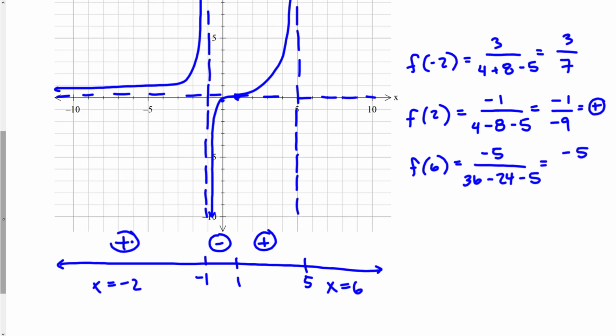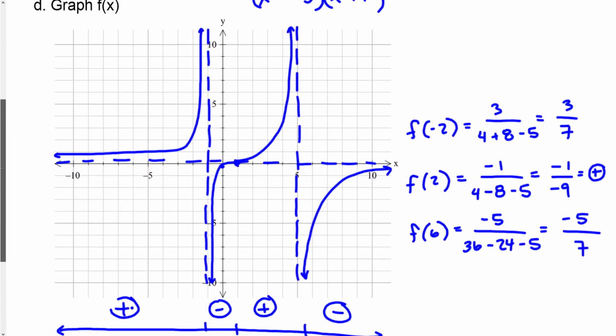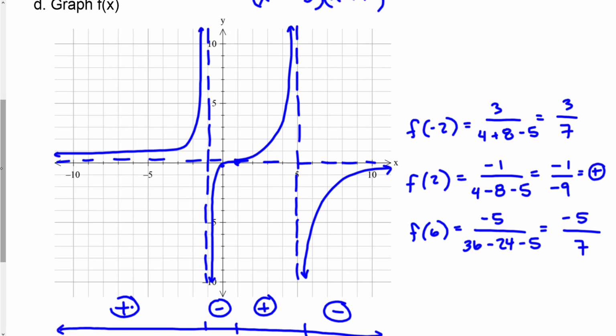So I have -5 over 36 minus 24, which is 12. 12 minus 5 is 7. So this is a negative number. So everything's negative on this interval, which means my graph is going to be down here. So that's what we're looking for as a graph of your rational function.